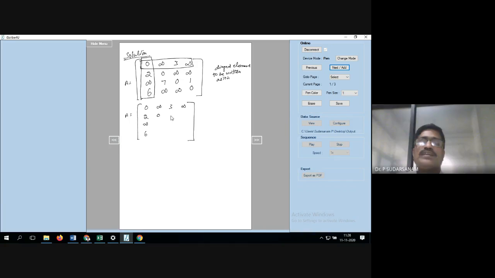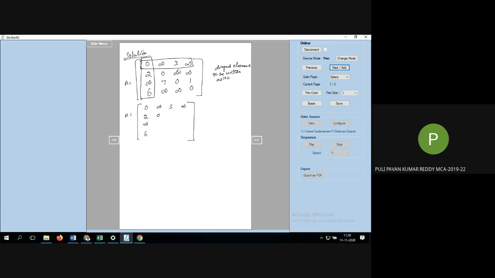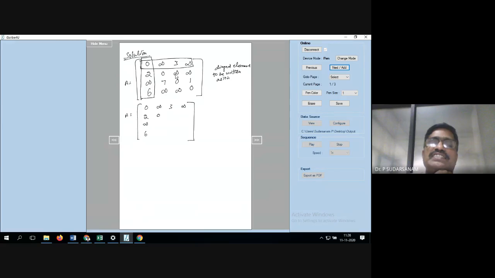Yes, sir. A of 1, A of 2, 3 values I have to write where I am showing the cursor. The previous value is infinity. Add the corresponding row and corresponding column and tell me how much you will get. 5, sir. 3 plus 2 is 5.